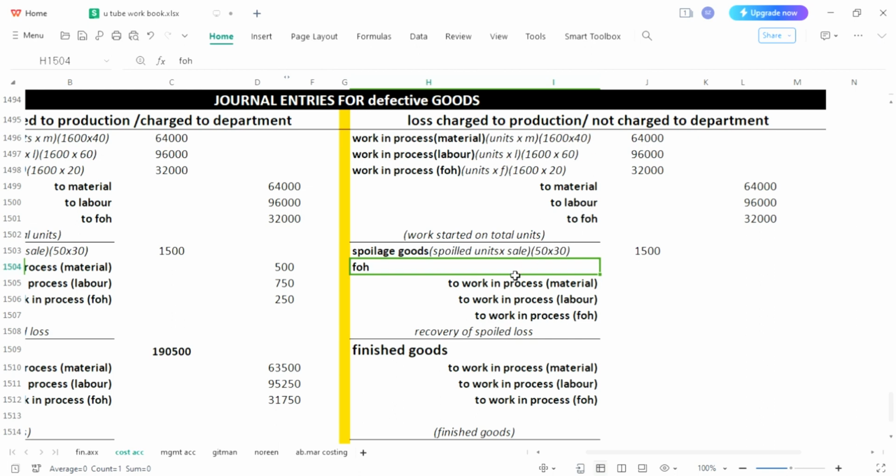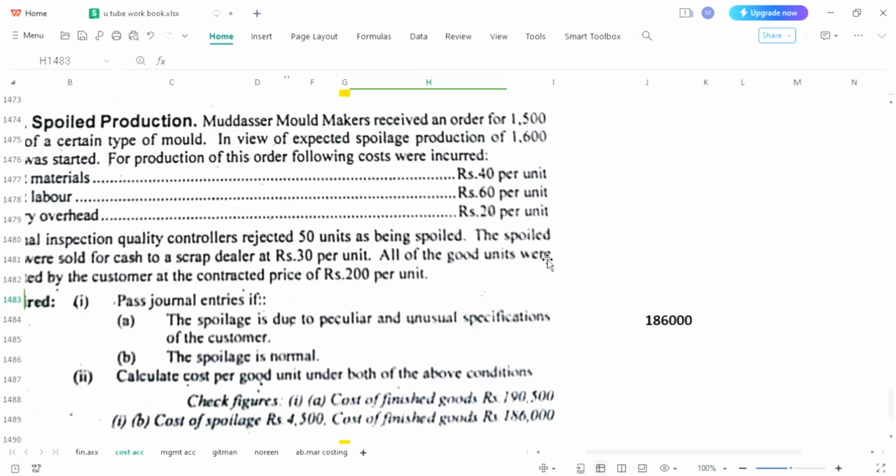Again, come over here and we will calculate the loss. How? Spoiled units would be taken and multiplied by loss per unit, and spoiled units would be the same, 50. For loss, we will go to the question and see how we can understand the loss. For that, you can see that total per unit cost was, how would you calculate?